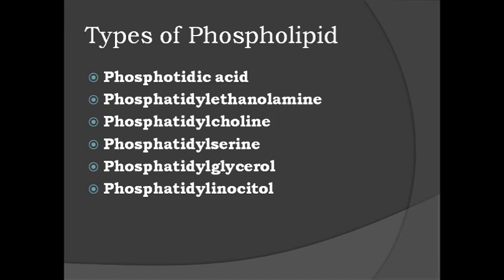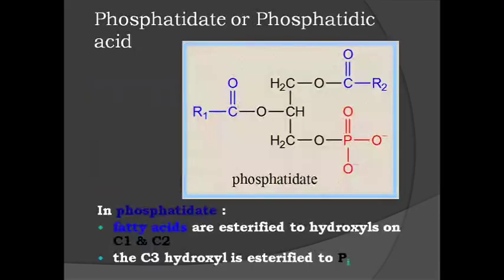They are phosphatidylethanolamine, phosphatidylcholine, phosphatidylserine, phosphatidylglycerol, and phosphatidylinositol. This is the structure of phosphatidate.